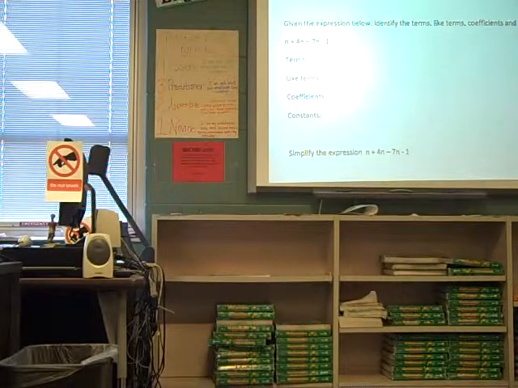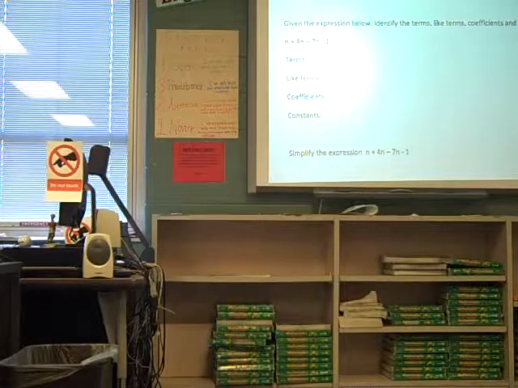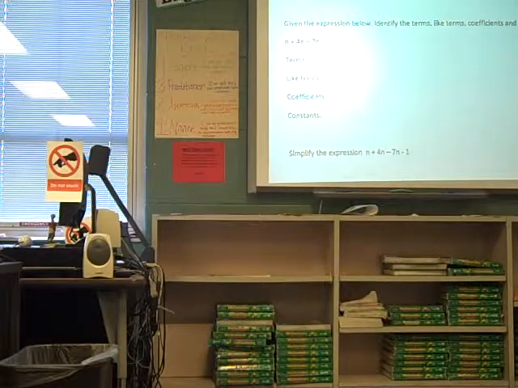We have to simplify the problem. No, we're not there yet. See how this is an N, so that means that what's in front of this N is actually the coefficient. Oh, yeah. I got 15.